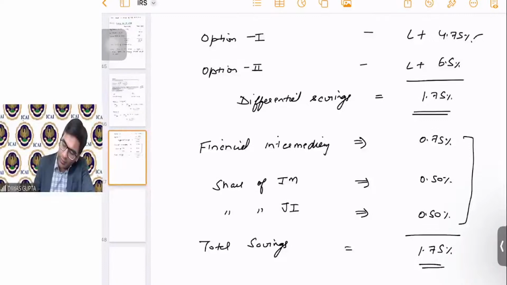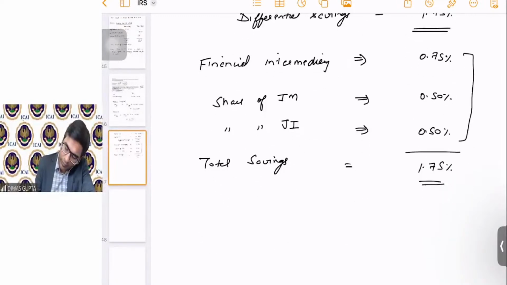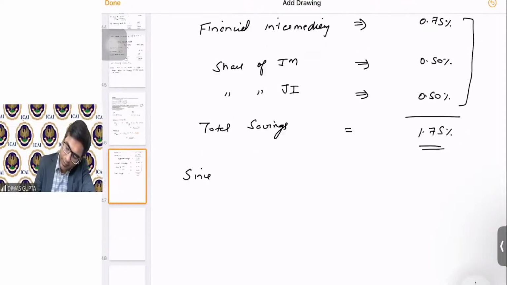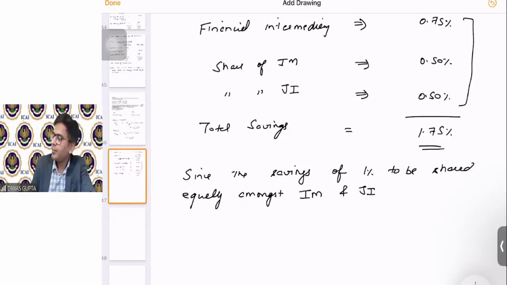So since the savings of 1% is to be shared equally amongst, what are the parties' names? IM and JI.